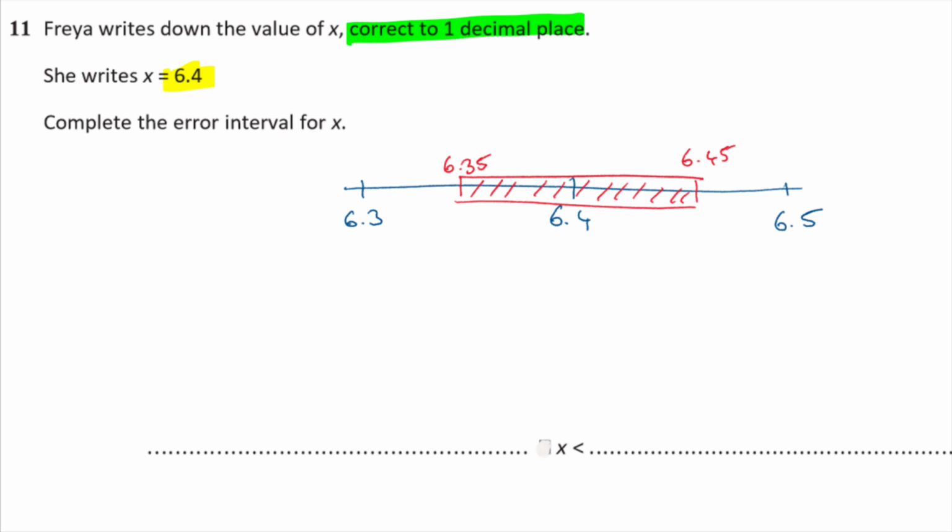I think that should have said a bit of a printing error there. That should be less than or equal to there. So x should be greater than or equal to my lower bound, which is 6.35, and then x should be less than my upper bound, which is 6.45.